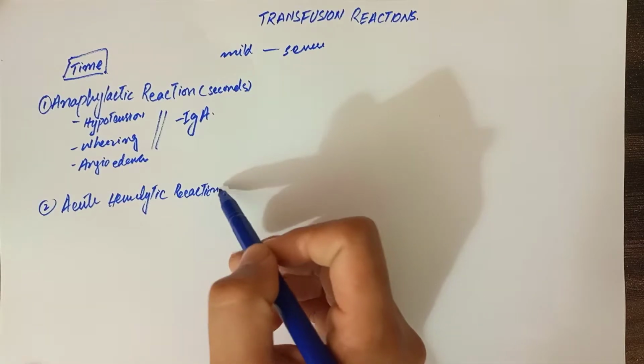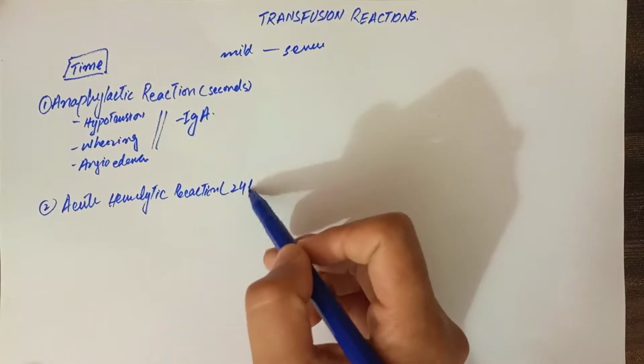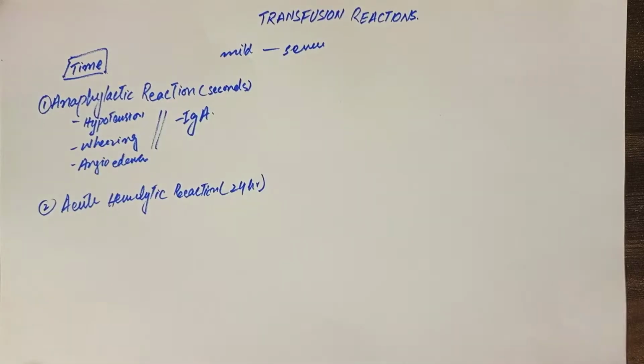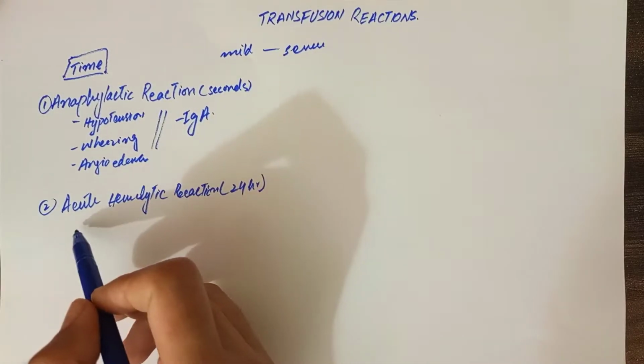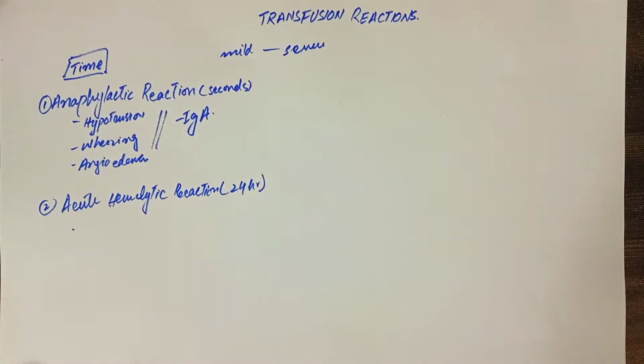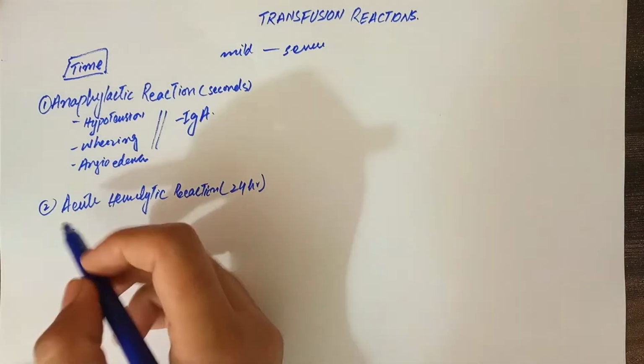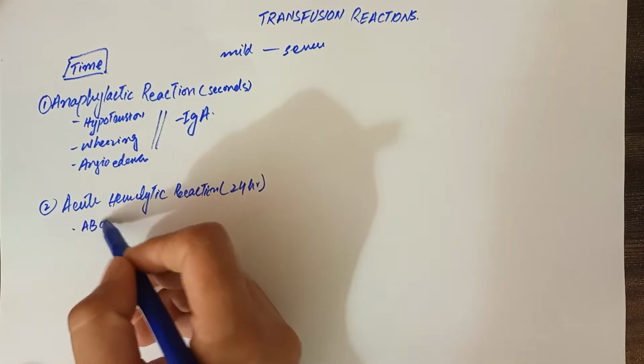This reaction takes place within 24 hours of transfusing blood. The mechanism behind this reaction is ABO incompatibility.